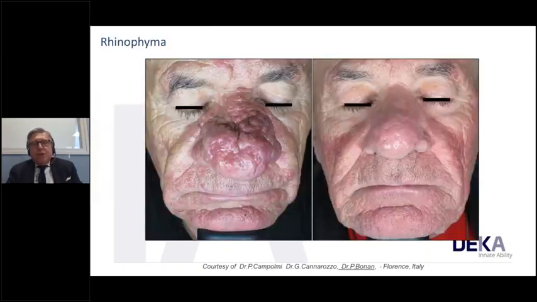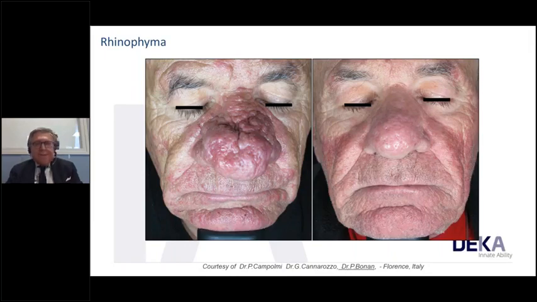Well, this is a huge lesion that we treat in 2 different modalities. This huge rhinophyma has been treated in the operating room, in the surgical theater, under general sedation, and we took more than 3 hours because we have to remodel the nose to get the original silhouette of the nose.